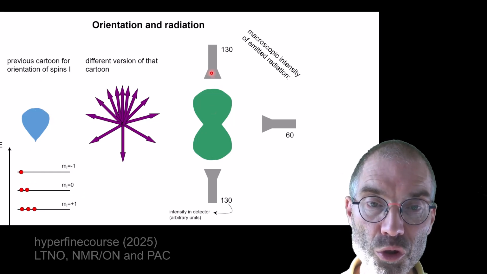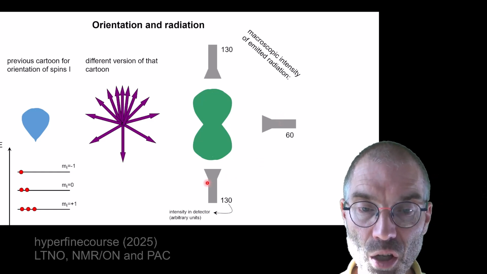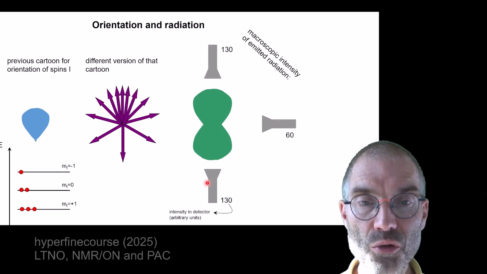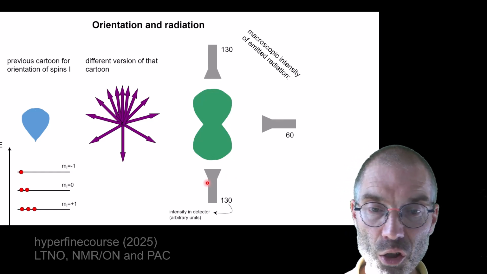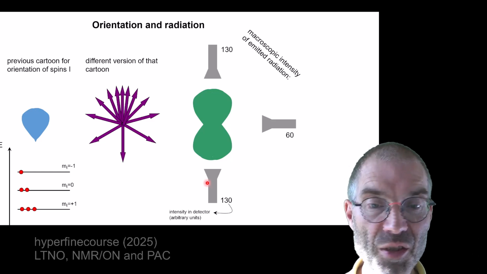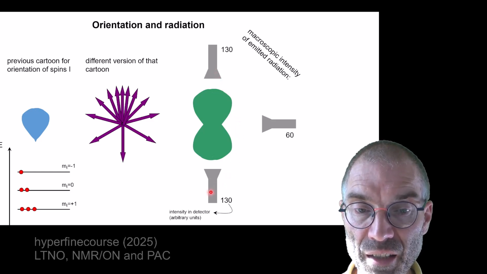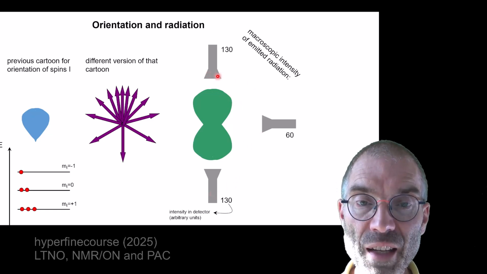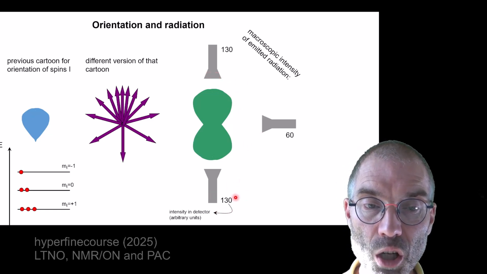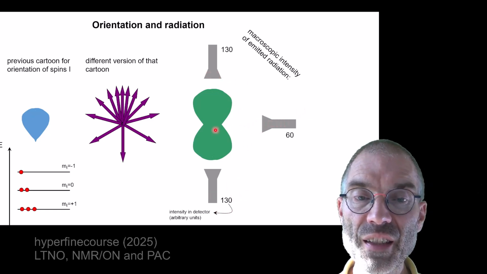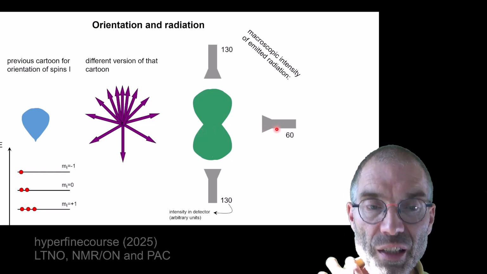Therefore, if you put detectors around this nuclear ensemble, detectors that count the number of gamma rays per second, then the detectors that are along the spin direction will have more counts than a detector that is in the perpendicular direction.